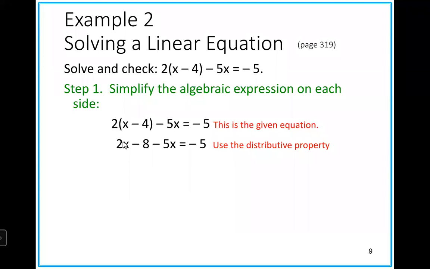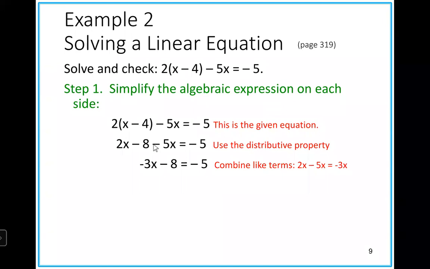2 times x is 2x. 2 times minus 4 gives you -8. Then we bring the -5x down, equals -5. So the distributive property was used to remove the brackets here. Now that we have removed the brackets, we could bring the like terms together.